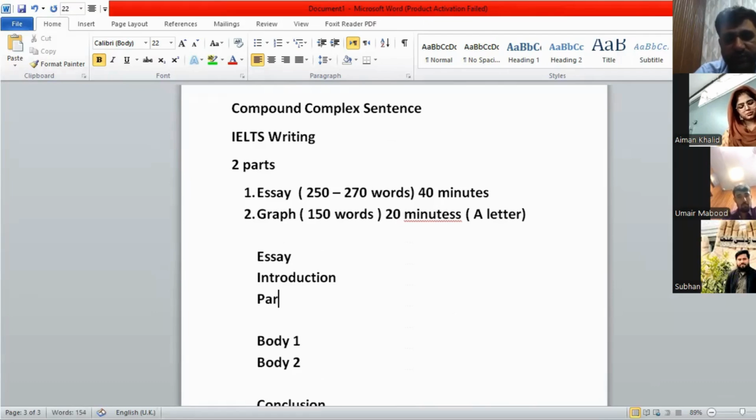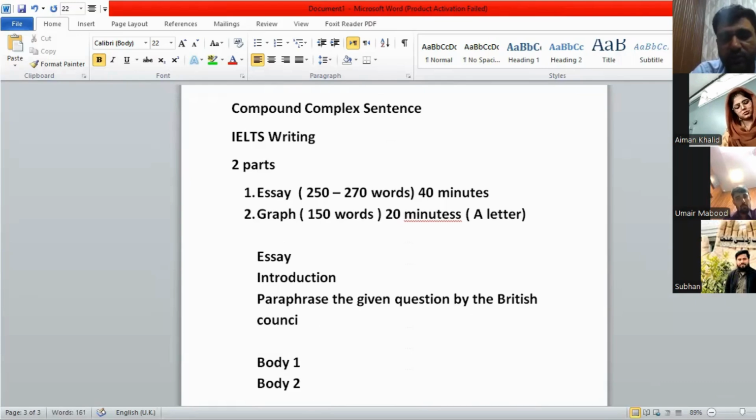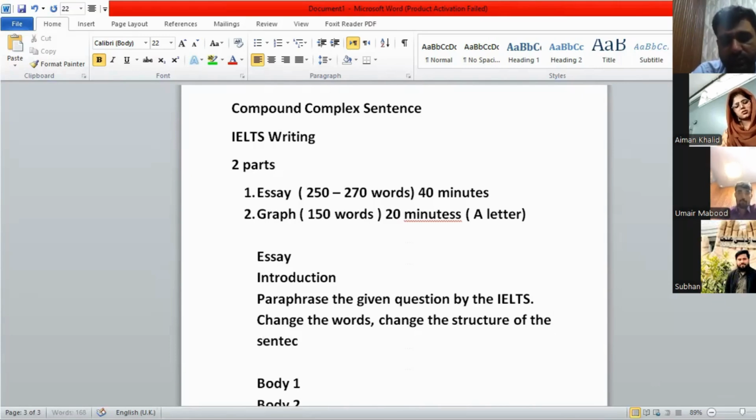In an introduction, the very first thing is to paraphrase the given question by the British Council or by the IELTS, right? Paraphrase them. What does it mean by paraphrase? Change the words, change the structure of the content.